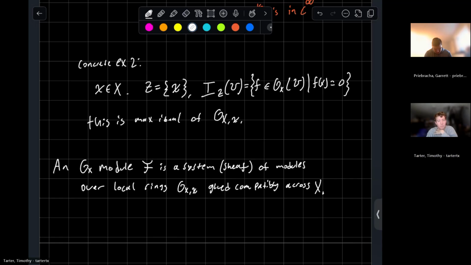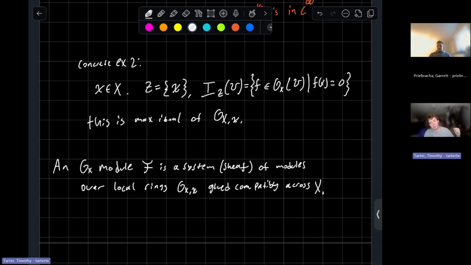So when OX is the structure sheaf, OX modules basically become like collections of functions over a subset.